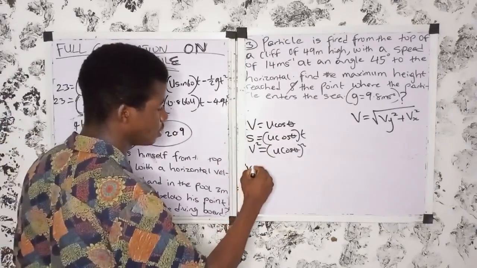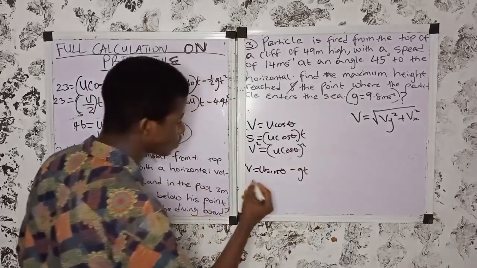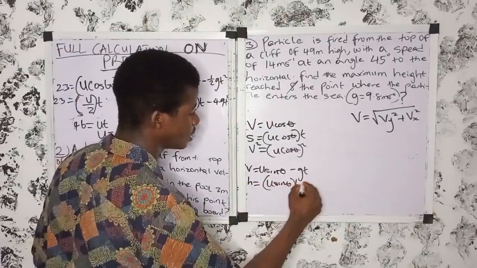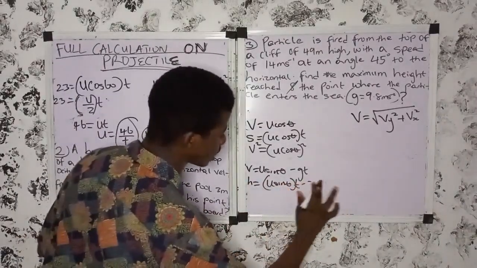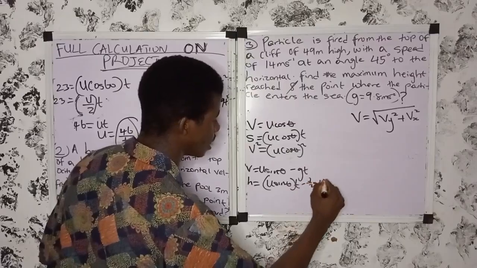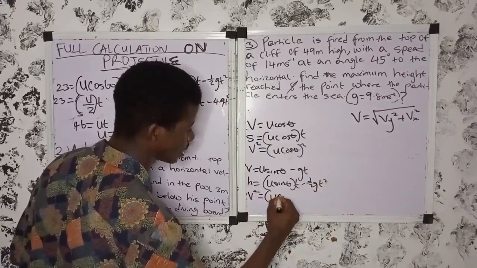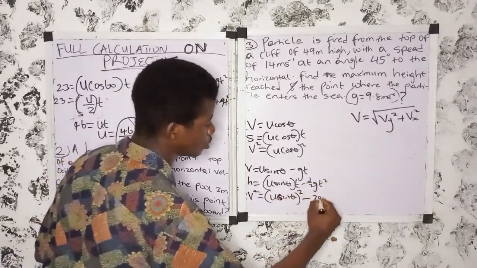Under vertical, we have v equals u sin theta minus gt, h equals bracket open u sin theta then t, minus half gt square, and lastly v square equals bracket open u sin theta all square minus 2gh.